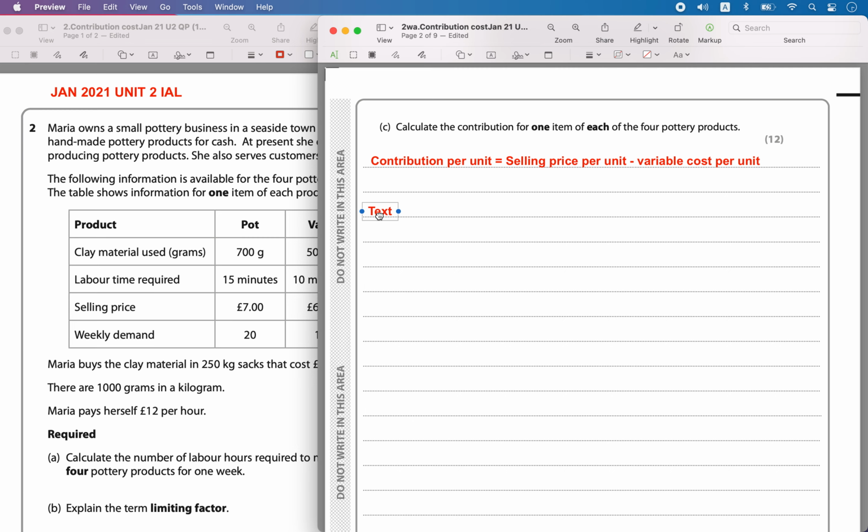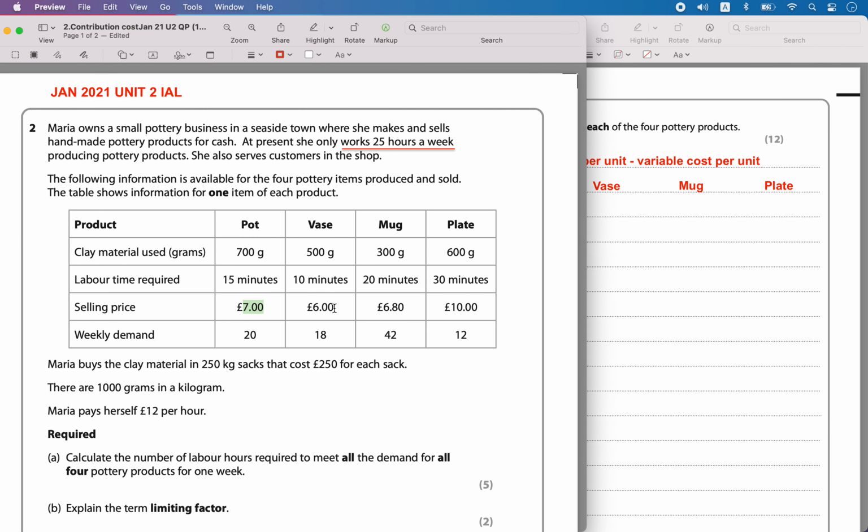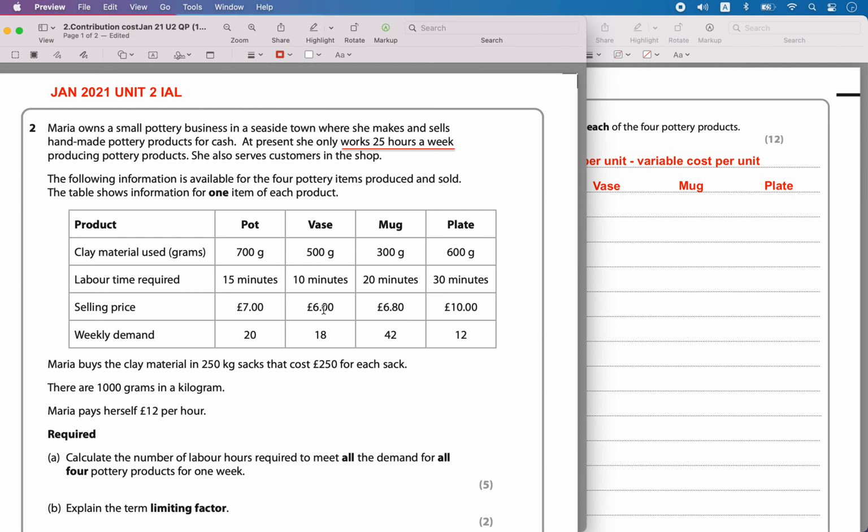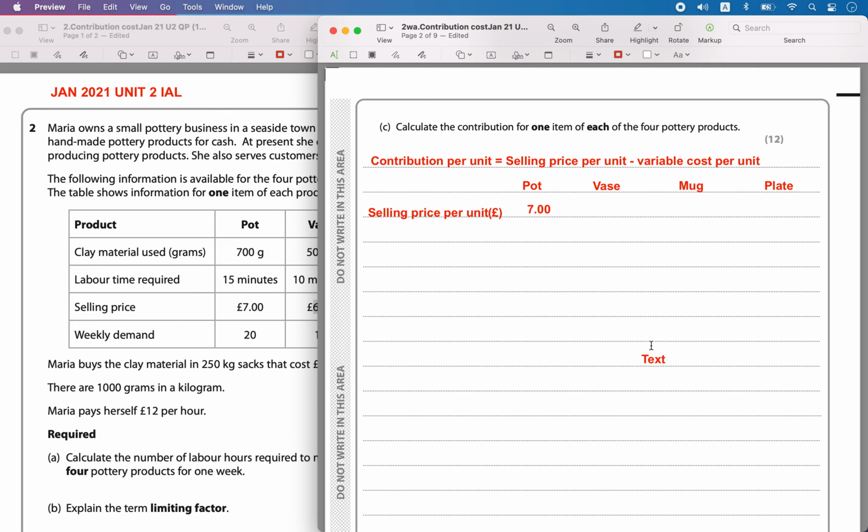Now let's set up a table. The first one is going to be the selling price per unit. For the pot it was 7 pounds. It is given she is selling 1 pot at the rate of 7 pounds. Then the vase she is selling at 6 pounds per unit.